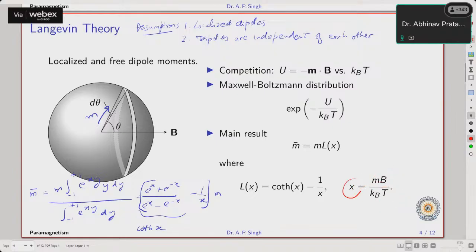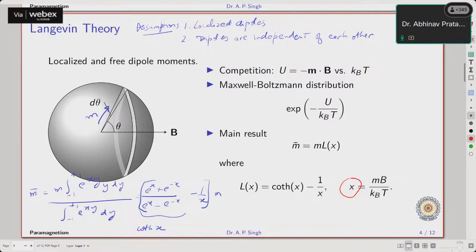So x is, in a sense, trying to parameterize which one is dominating, whether the order-creating magnetic field is dominating or the randomizing thermal heat is dominating.